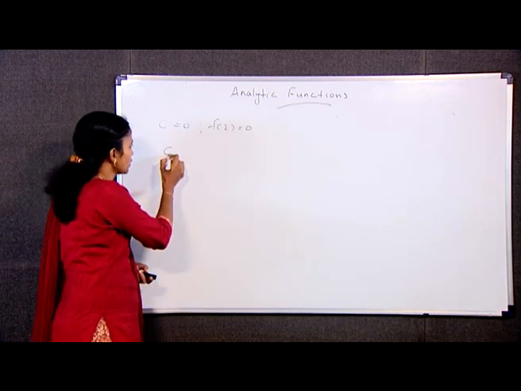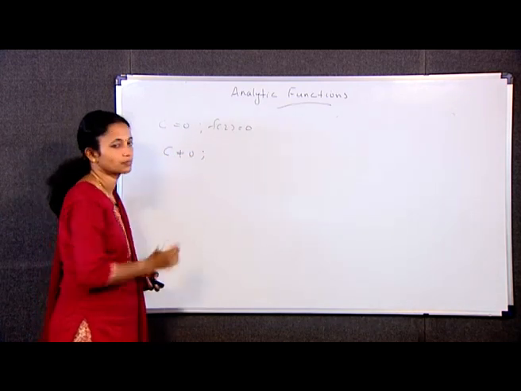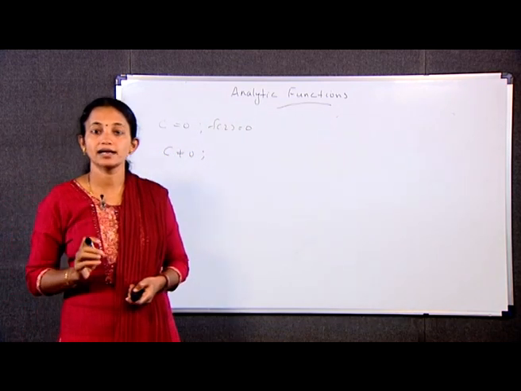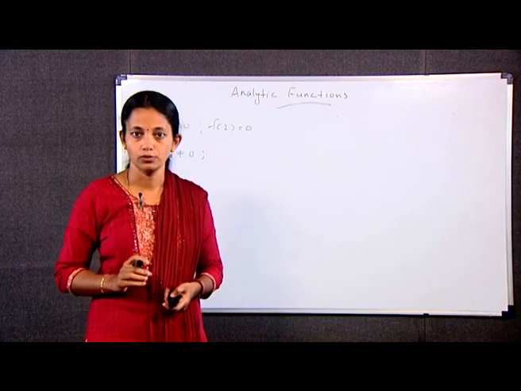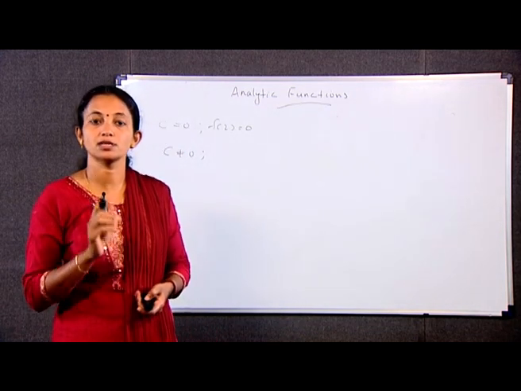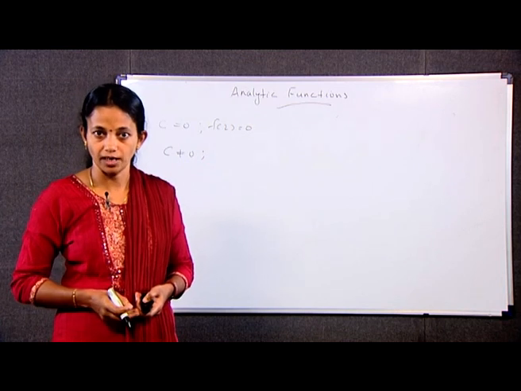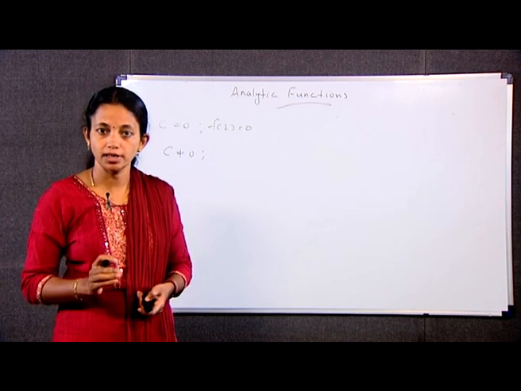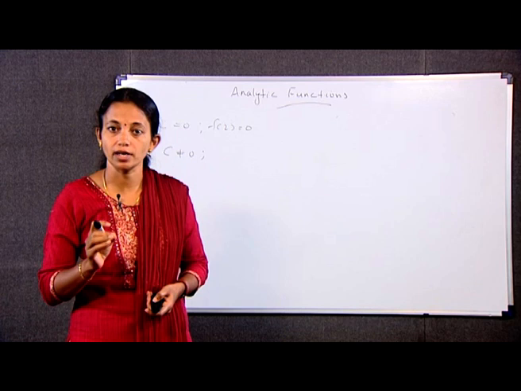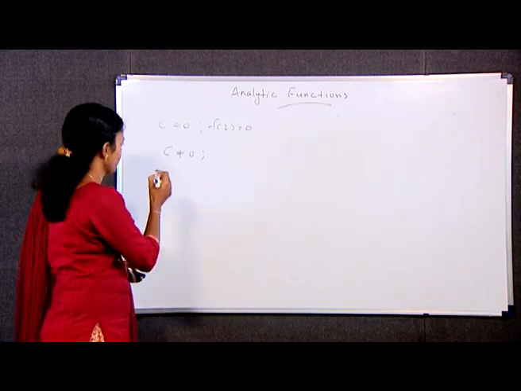If c is not equal to 0, case 2: using the fact that for a complex number w, w times w conjugate is equal to mod w square, we have f(z) times f(z) conjugate is equal to mod f(z) square, which is equal to c square.